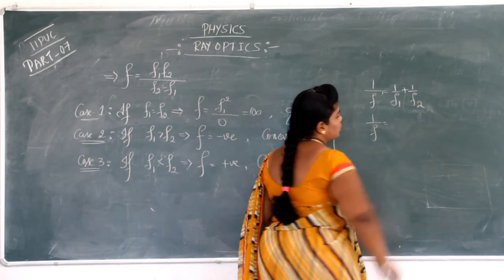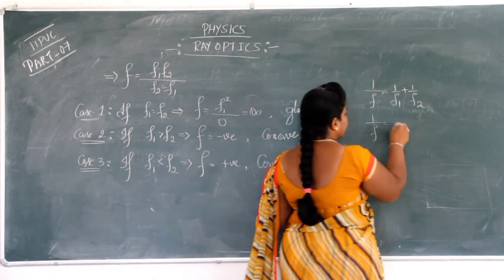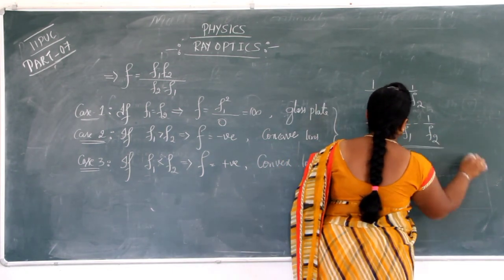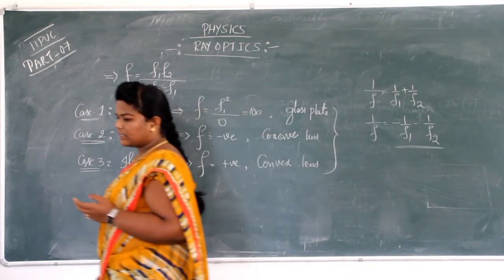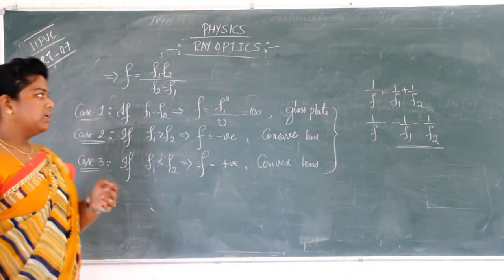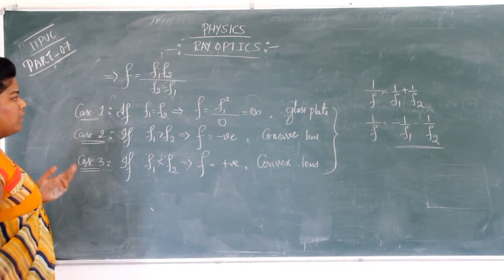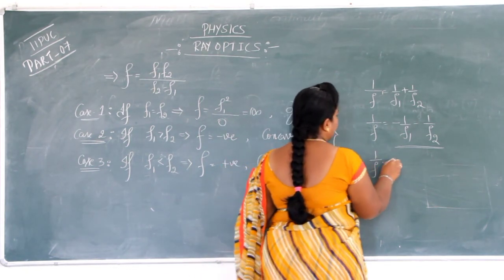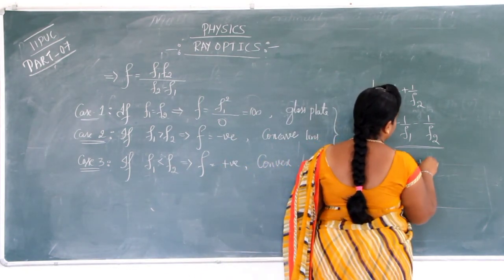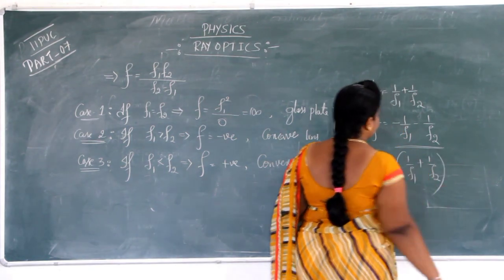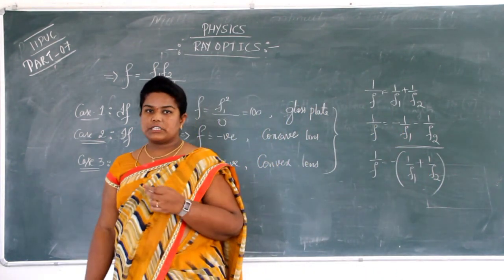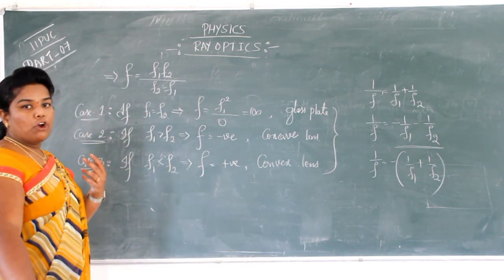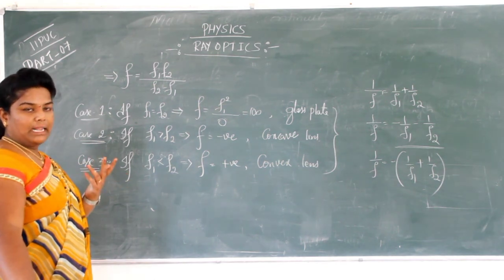With two concave lenses, f1 and f2 both become minus. Taking minus as a common term, 1 by f1 plus 1 by f2, the effective focal length is the negative of the sum of the reciprocals of the two individual focal lengths.